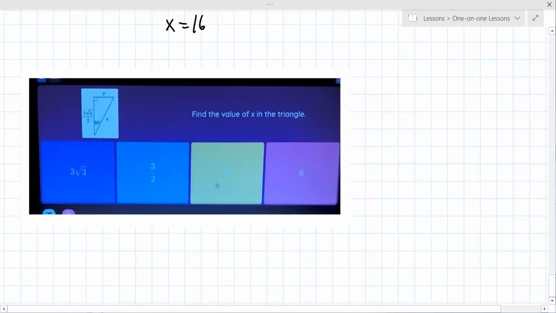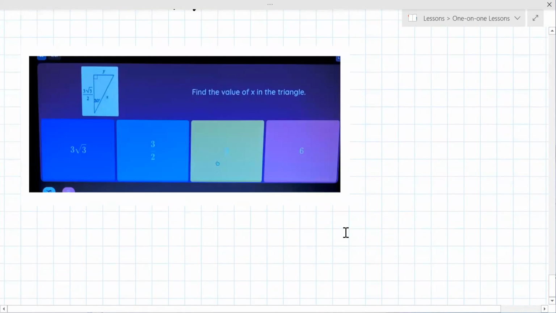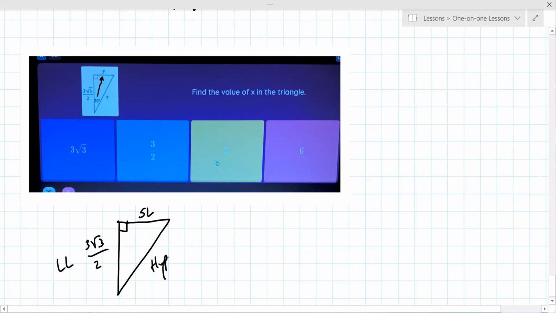Okay, this is another 30, 60, 90 triangle problem, and they give you, see, so y is across from the 30. That's the short leg. The 3 square root 3 over 2, this is the long leg. And then the hypotenuse is over here. So our reference is that if this is 30, that's called x.